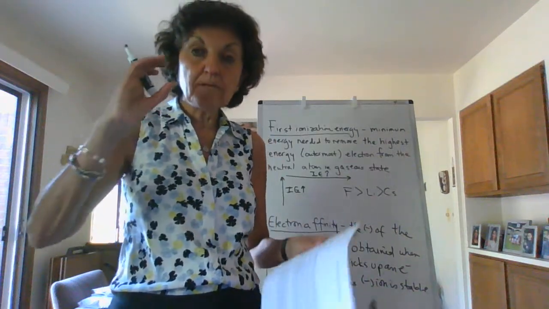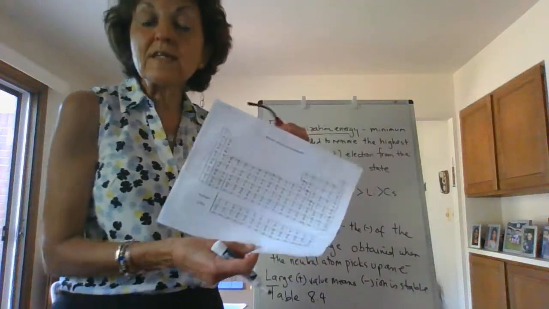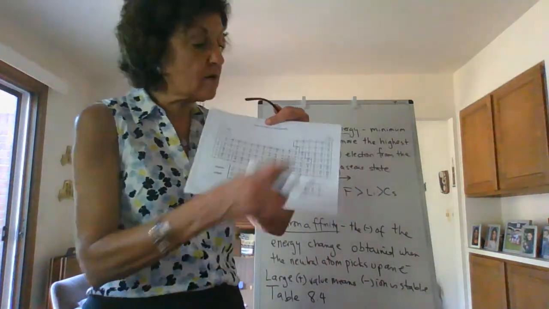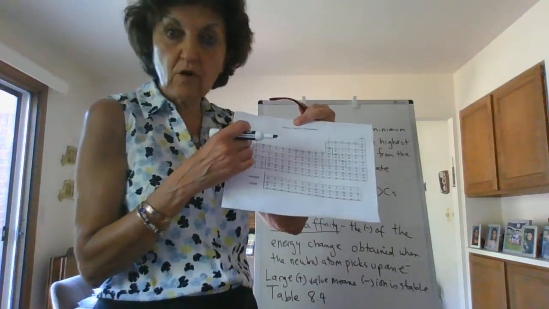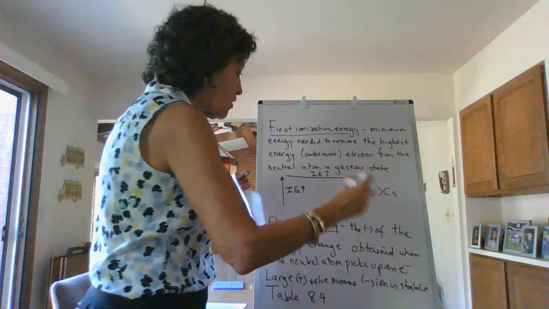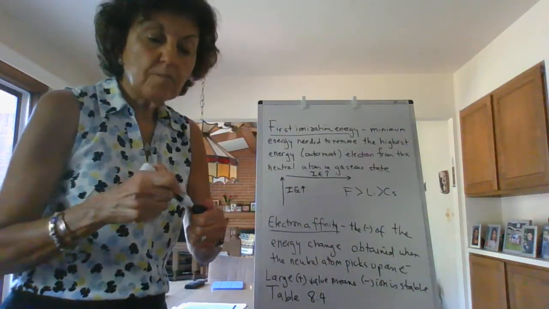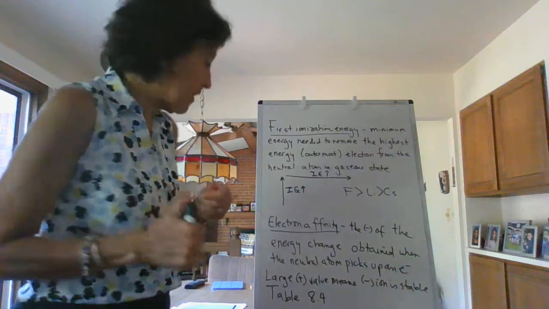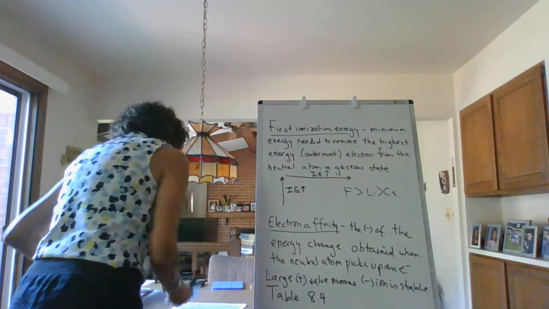So it's pretty much the opposite of what we were just talking about with ionization energy. Who has an easy time picking up an electron? These guys over here. What about these guys over here? No, not at all. So as you go across a period, you're going to see bigger and bigger positive electron affinity values. There's a table in your book, table 8.4.